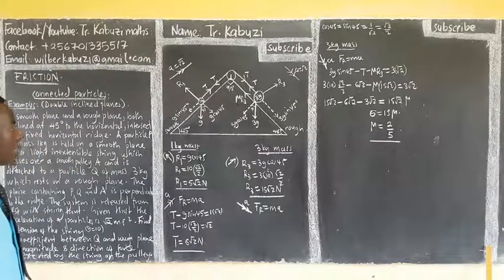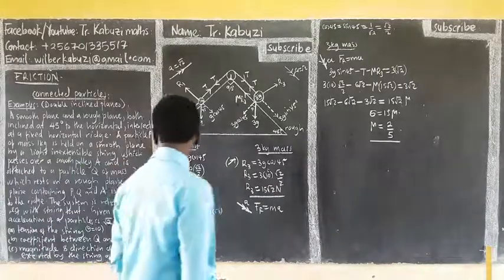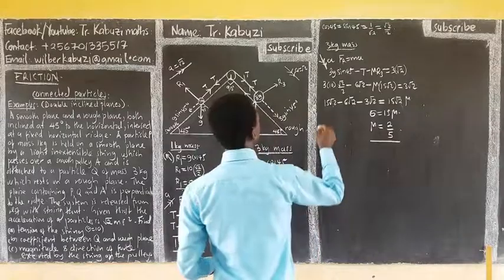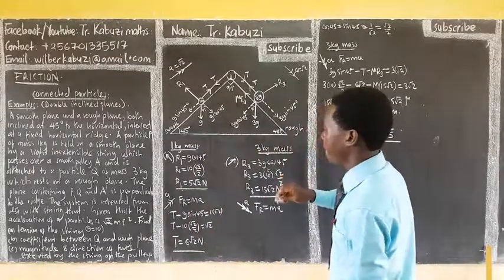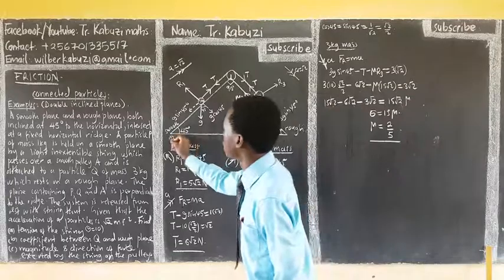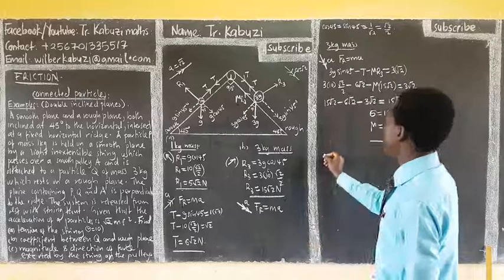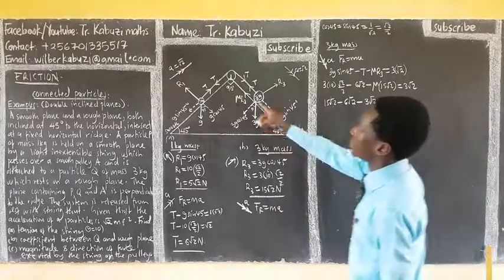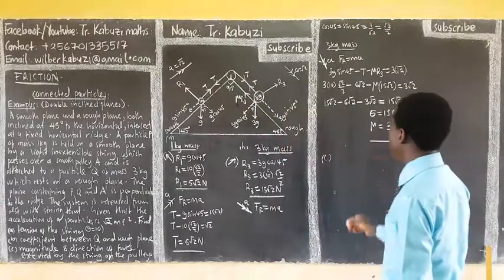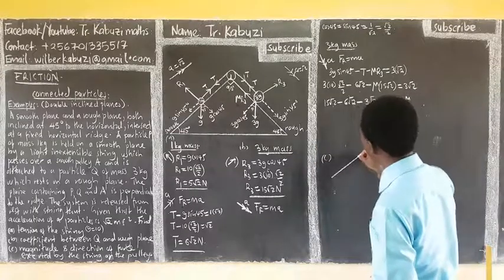Then the magnitude and direction of the force exerted by the spring on the pulley. So this was our tension, that was part A. Then this was our part B, and that's part C. This is our pulley there. If we consider it, we have tension there, and we also have tension here.